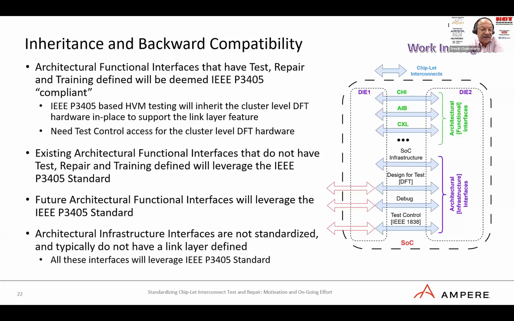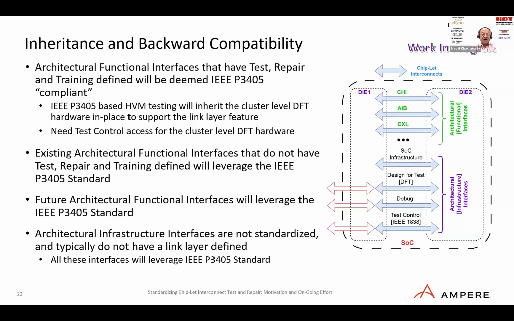We will inherit that and we will use that. So we don't want additional hardware to be added. Okay. Now, the existing architectural functional interfaces that do not have test, repair, and training defined as part of it can leverage the new standard.